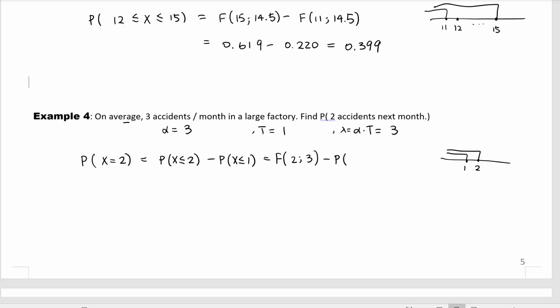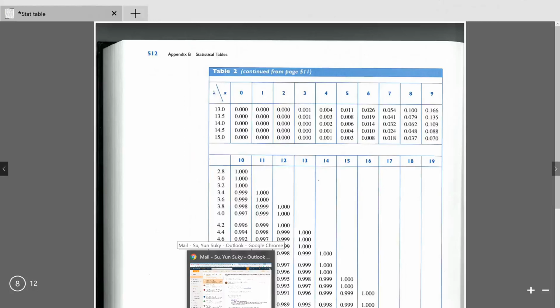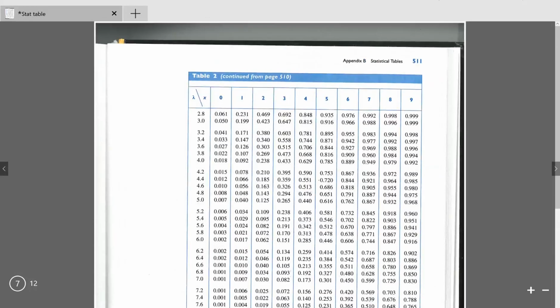Okay, so and then we have F of 1 and 3. Okay, let's find our table. Lambda is 3. So here we go back to the previous page. Okay, lambda 3 is here. So 1 and 2.